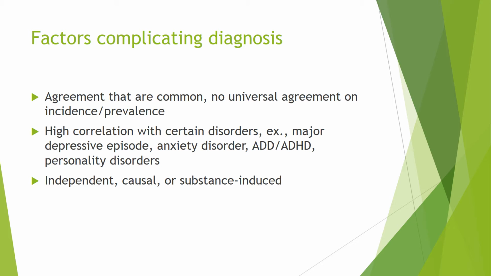Does the person have a separate substance use disorder complicated by the presence of a depressive disorder? Is there in fact some causal relationship? Is the person using substances because of their depression? Or, on the flip side, are the psychiatric symptoms we're concerned about potentially substance-induced?